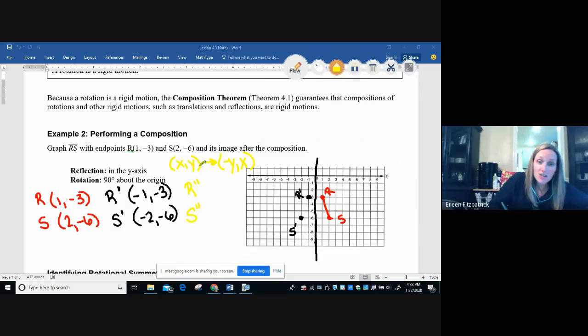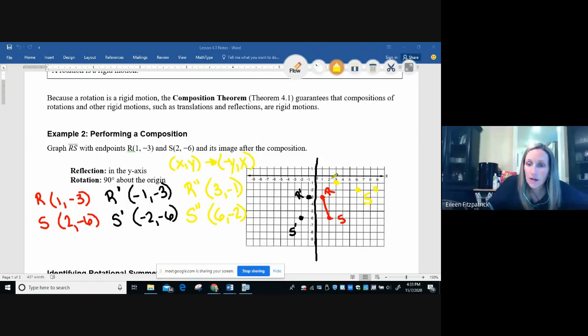So you have to change the sign of your y and flip the coordinates. Changing the sign of your y and flipping your coordinates will be 3, -1. Changing the sign of the y and flipping the coordinates is going to be 6, -2. All right, so let's plot those points. 3, -1, and 6, -2.